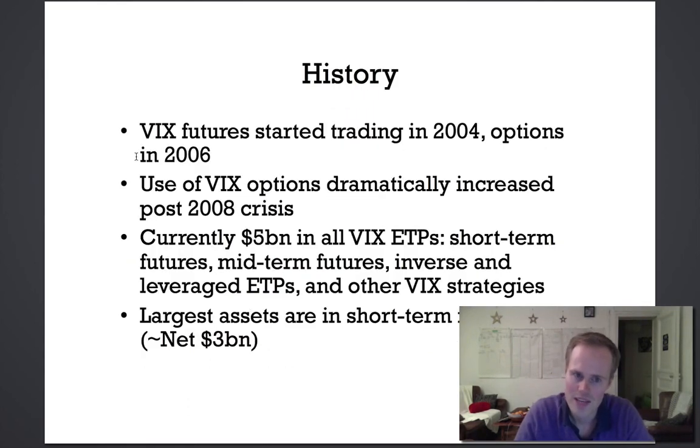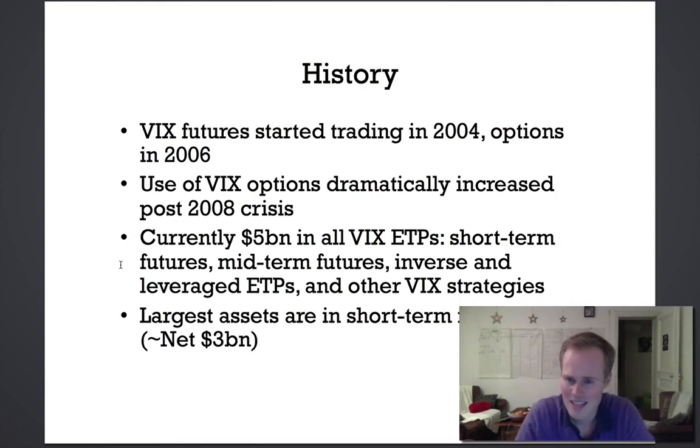So, a bit of history: VIX futures started trading in 2004, and options on the VIX futures started trading in 2006. The use of VIX options dramatically increased post 2008 crisis, and currently there are 5 billion in all VIX exchange traded products: short-term futures, mid-term futures, inverse and leveraged exchange traded products, and other VIX strategies.